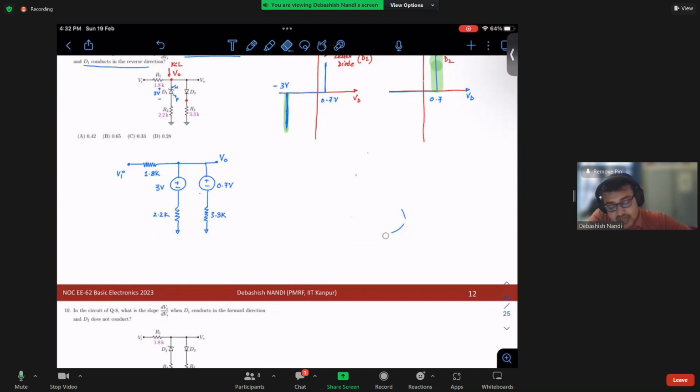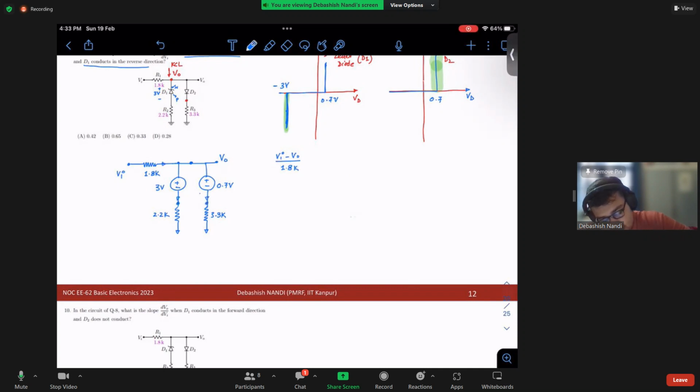Now the analysis becomes simply a KCL one. At this node, I will use KCL again. Vi minus V naught by 1.8 K. This current should be equal to the current going from this node to ground.